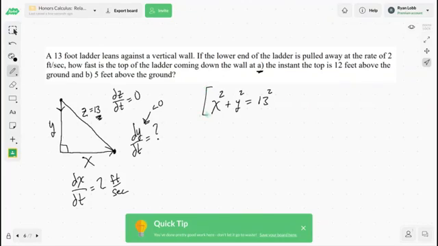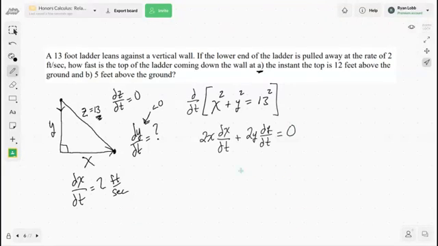So now I differentiate both sides with respect to t. The derivative of x squared with respect to t is 2x dx/dt plus 2y dy/dt equals 0.